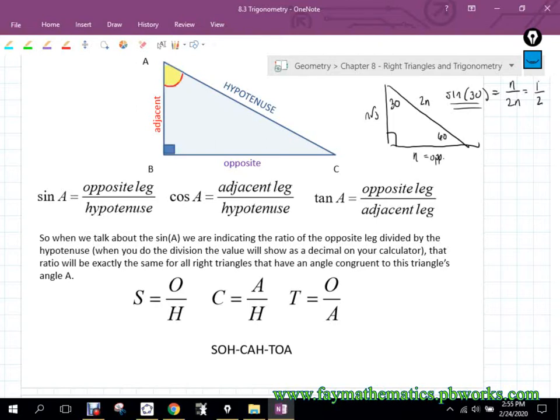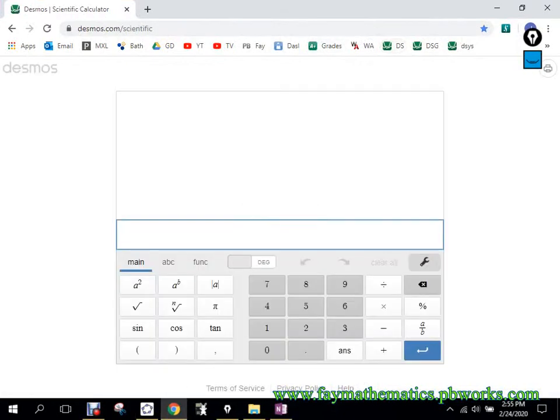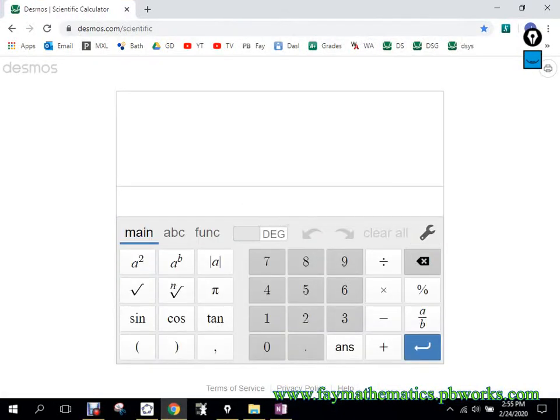And if you want to think, okay, well, what if n was 4? Then it'd be 4 over 8. If n was 5, it'd be 5 over 10. Okay, and each one of those reduces to 1/2, right? If you were to take your calculator out right now and type in sine of 30, and we'll have a discussion here in a moment to make sure your calculator is set up so that this works.